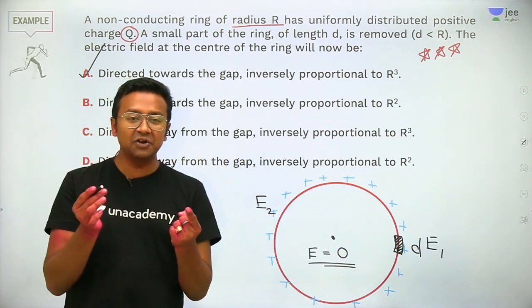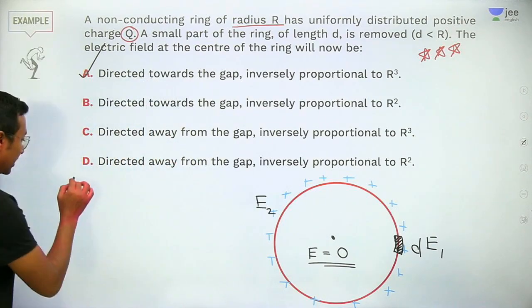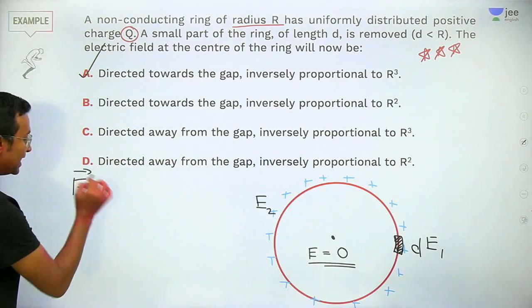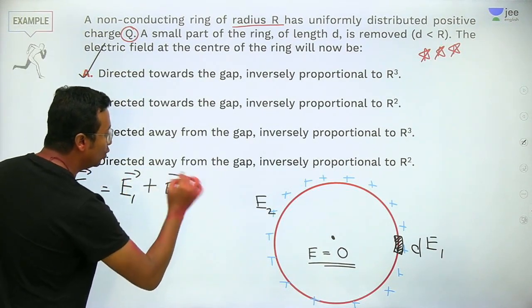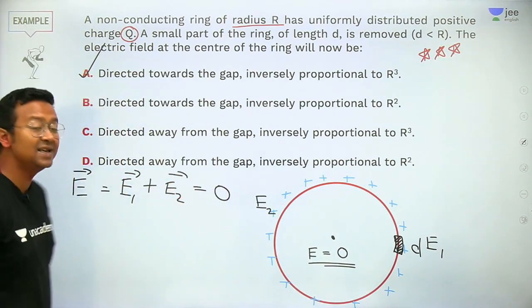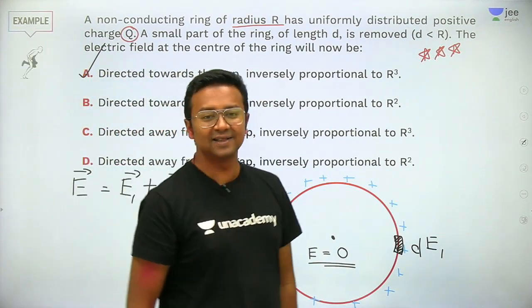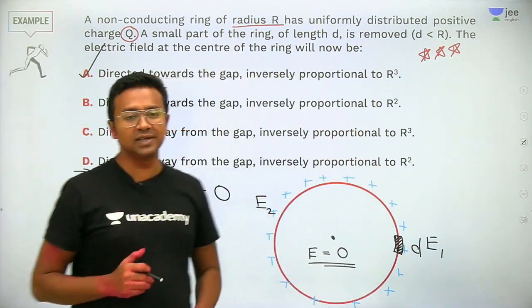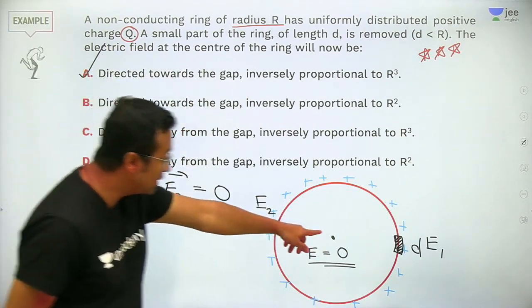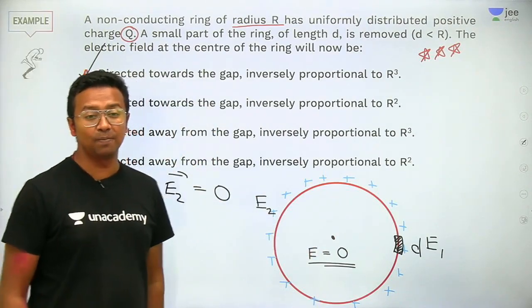So what is the net electric field at the center? The net electric field E will be equal to E1 plus E2, and this should be equal to 0, because we know the electric field at the center should always be equal to 0.